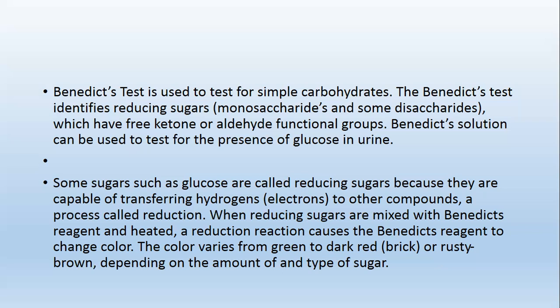When reducing sugars are mixed with Benedict's reagent and heated, a reduction reaction causes the Benedict reagent to change color. The color varies from green to dark red, or brick color, or rusty brown color, depending on the amount and type of the sugar.